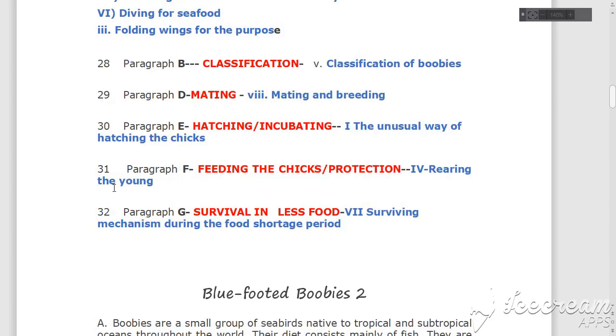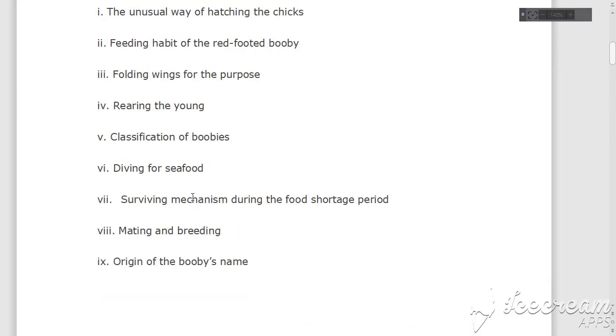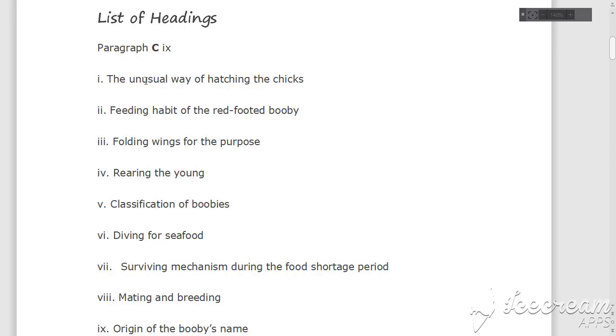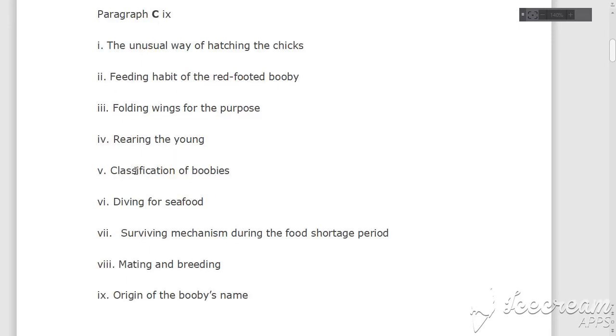Now move to the next paragraph, paragraph F. So our title is feeding the chicks and protection. Here, feeding habits, but not to chicks, so it can't be our option. And secondly, it's for red footed boobies, whereas the whole paragraph is all about blue footed boobies.